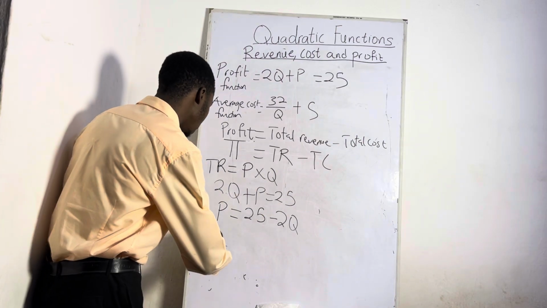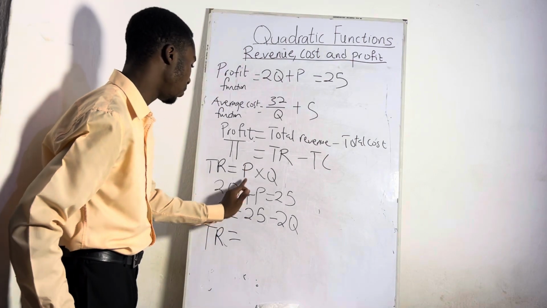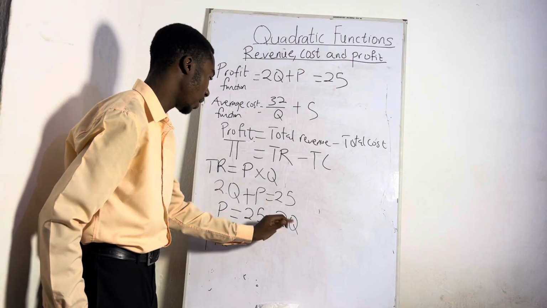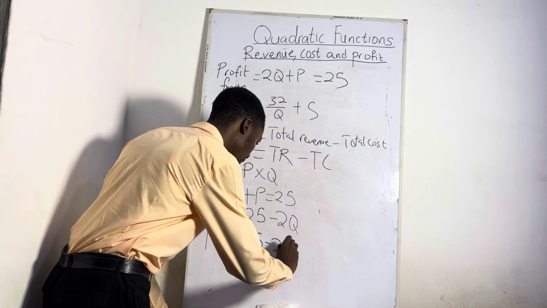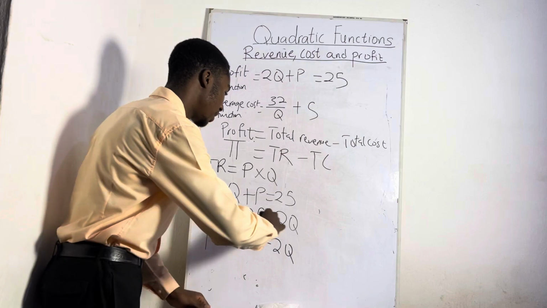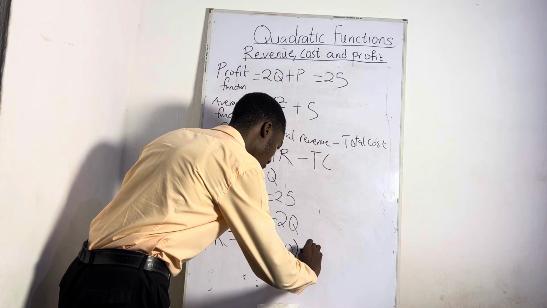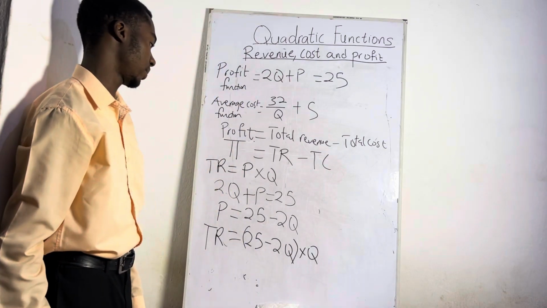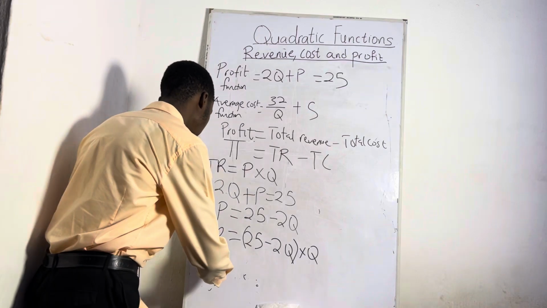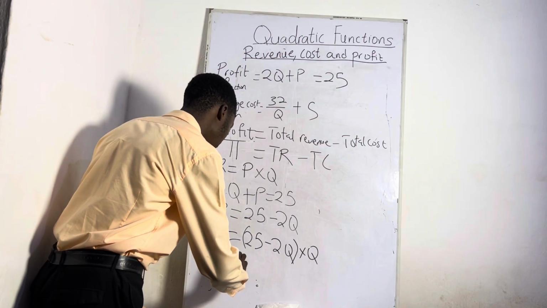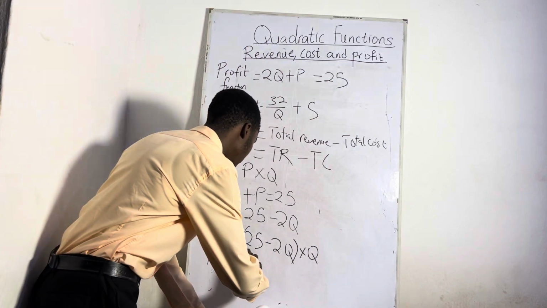So my total revenue is equal to the price, which is now 25 minus 2Q, in brackets, times the quantity. Simplifying, TR, my total revenue, is equal to 25 times Q, which gives me 25Q.